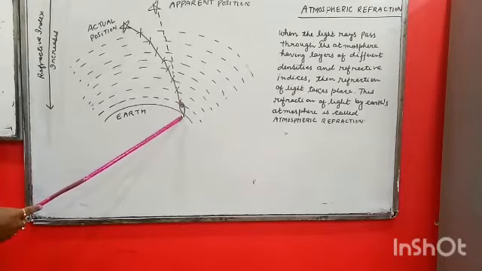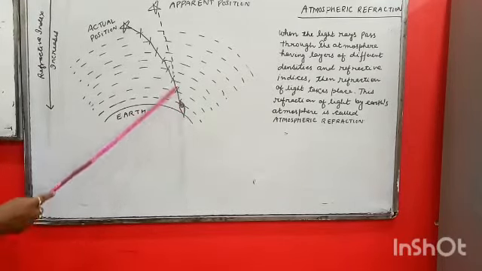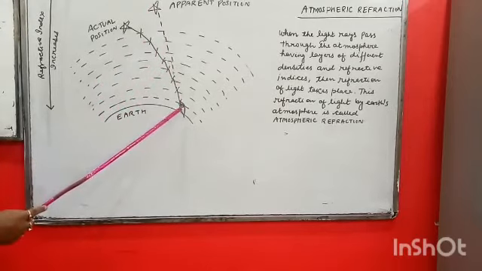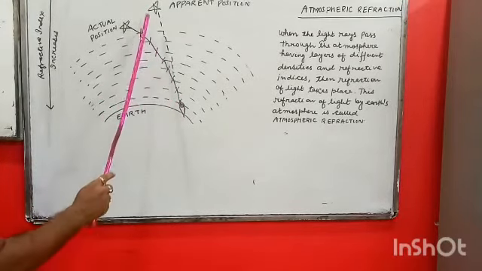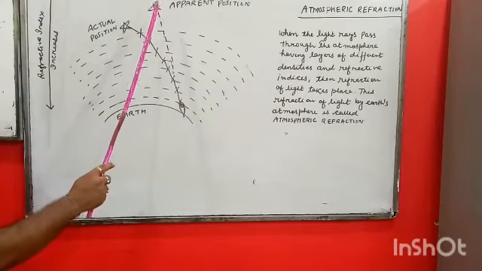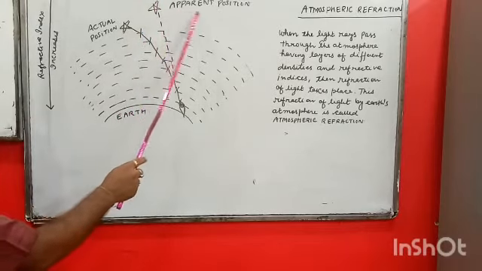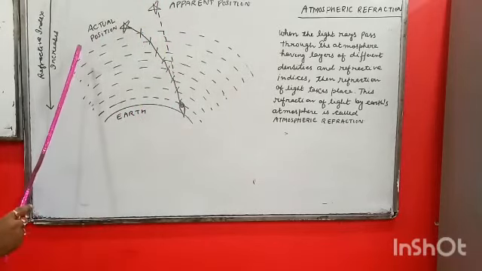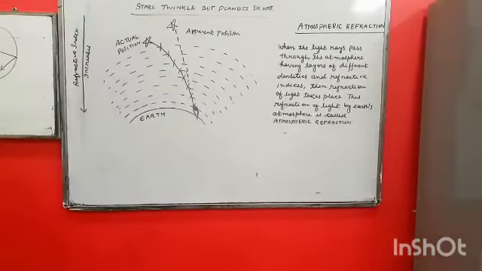And for the observer, the line of sight is straight, that is, the observer traces the light rays straight. So therefore, you can see the apparent position, not the actual position. Now, children, you come to know why you can see the apparent position of the star.